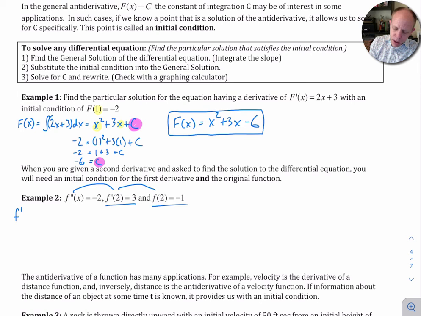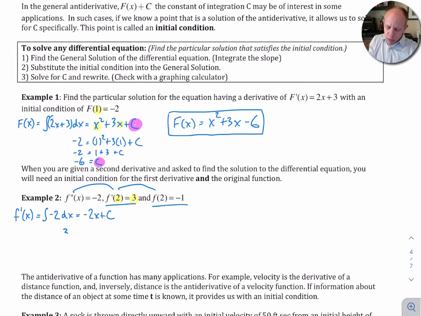First, let's find f prime at x. So that's going to be the antiderivative of f double prime. And so the antiderivative of negative 2 dx, which is negative 2x plus c. We need to find that c, and I know that f prime at 2 is equal to 3.